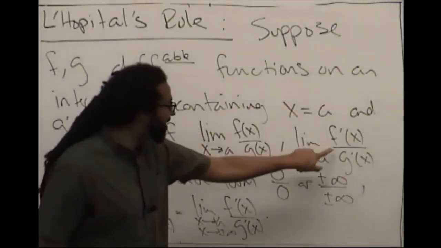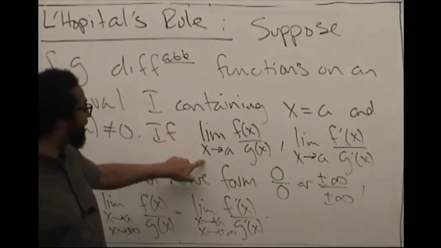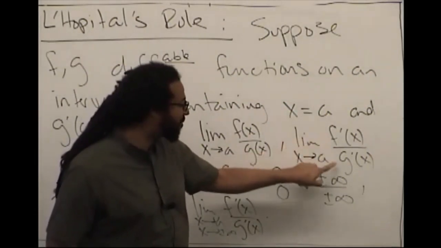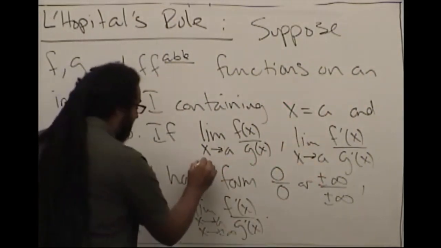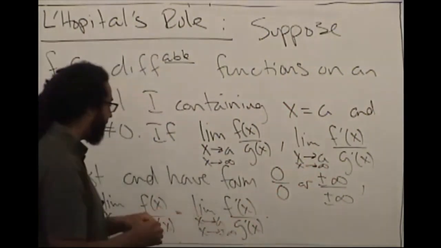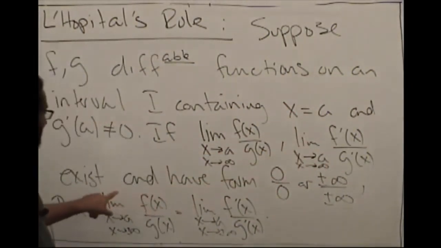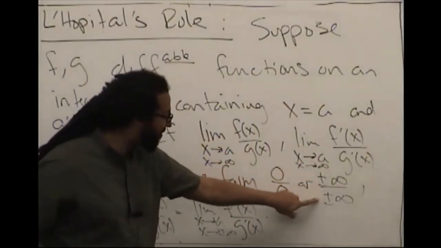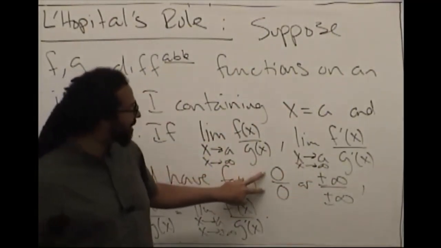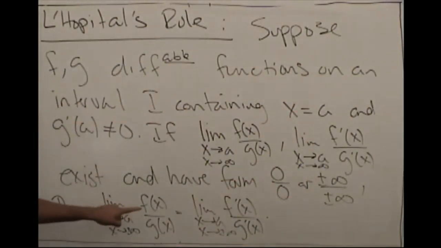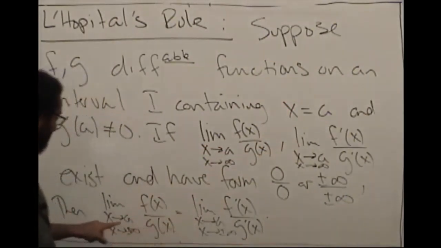If both of these limits exist, so the limit as x approaches a of f over g, and the limit as x approaches a of f prime over g prime, or if we go to infinity, either one, right? If both of these limits exist, and they've got the form 0 over 0 or infinity over infinity, so that was indeterminate form 1 or indeterminate form 2, then these two limits are in fact equal.